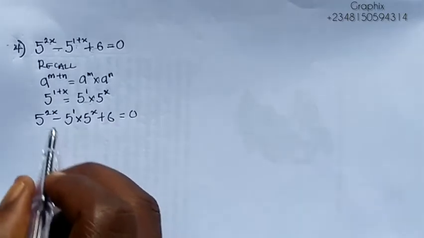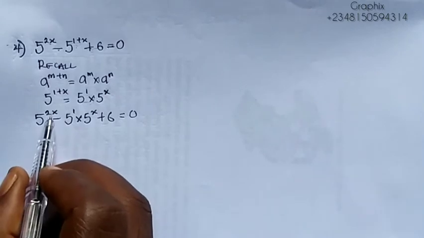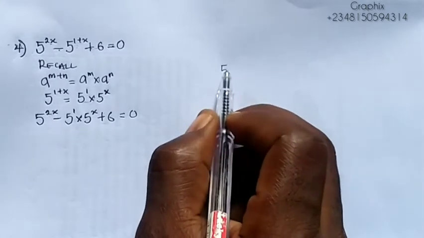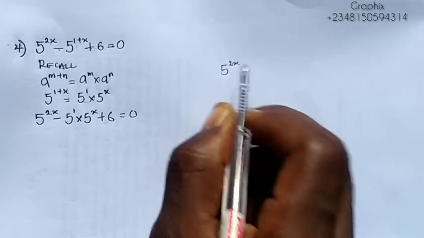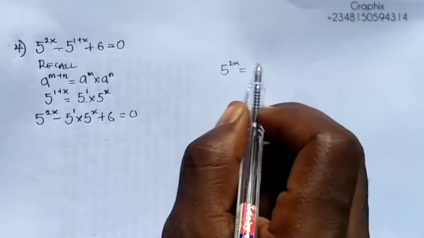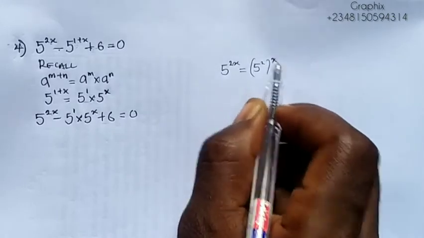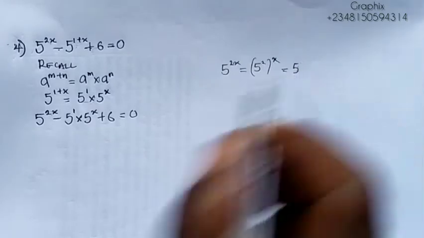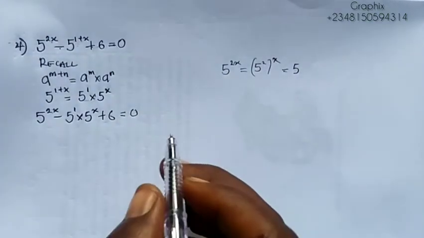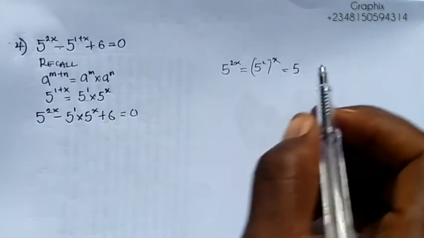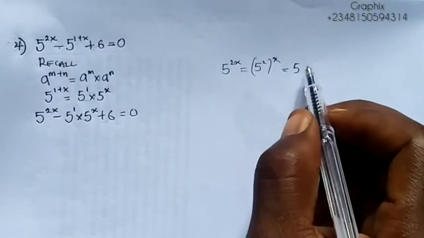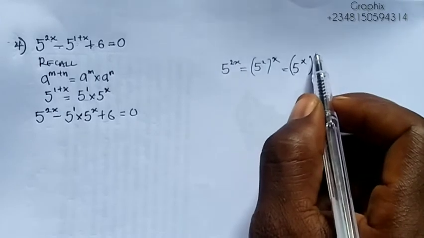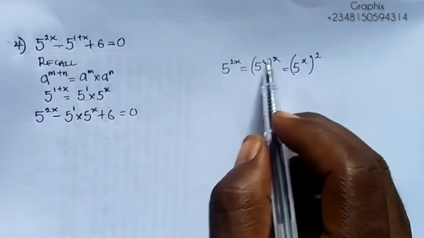Now I can write this by interchanging it, because 5 to the power 2x can be written as 5 squared to the x, and it can also be written as 5 to the x to the power of 2, because multiplication is associative.